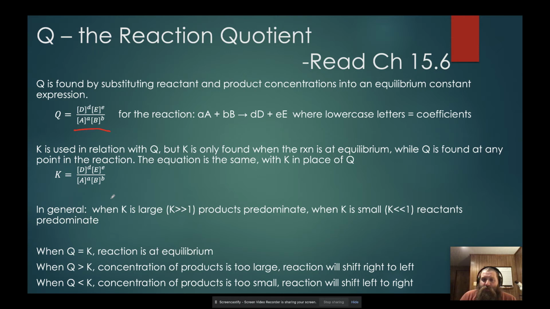Those are your coefficients, and the big letters are obviously the actual compounds. If you plug in the concentration of each reactant on the bottom and each product on the top, and raise each concentration to the power of its balanced coefficient, then you get Q.